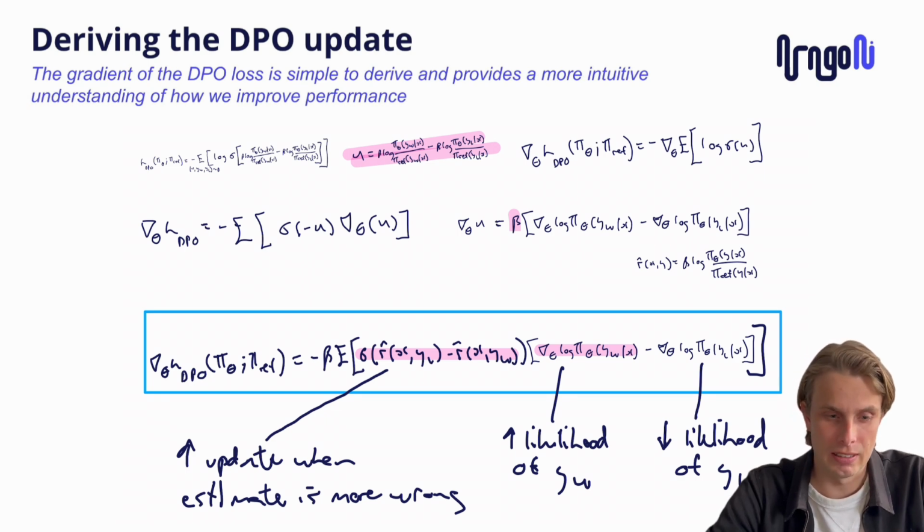So, updating according to this derivative, we're going to be increasing the likelihood of our winning responses, decreasing the likelihood of our losing responses, and weighting that based on how big the difference is between our desired result.